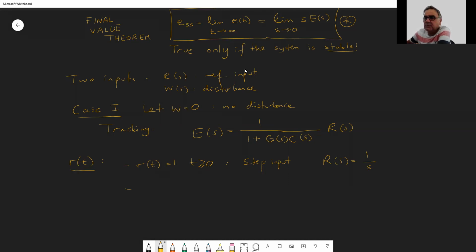Then it is possible to have R of t equals, for example, t, which is an input growing over time, like this, t versus R of t. This is again for t greater than 0. This is called a ramp input. And here R of s, if you take the Laplace transform of this, is 1 over s squared.